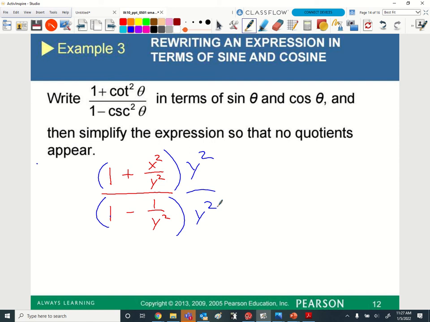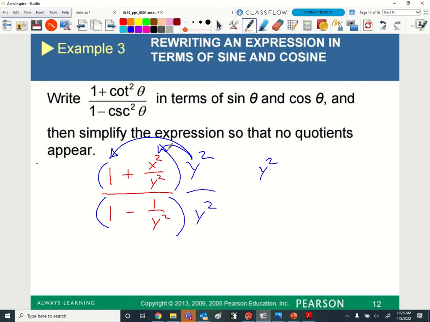Now I'm going to distribute. y squared times 1 is y squared. And y squared times x squared over y squared, what's going to happen right there? I'm multiplying by y squared and dividing by y squared.